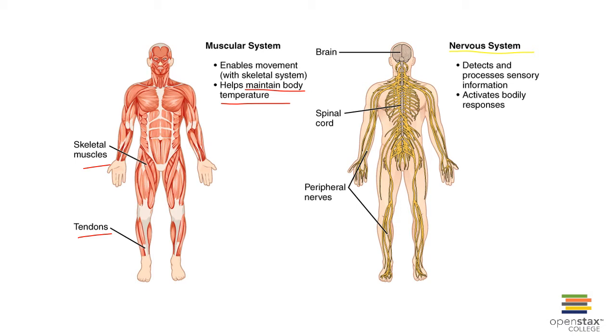The nervous system is very fast. The main structures you need to know are the brain, the spinal cord, and the peripheral nerves. The spinal cord is the highway that connects the brain to the entire body, through the peripheral nerves.